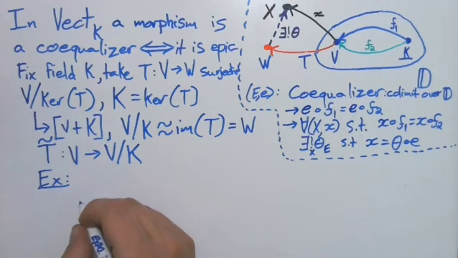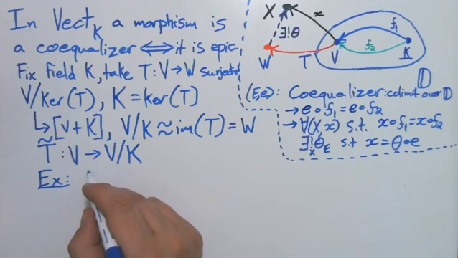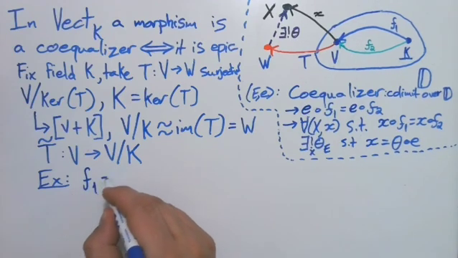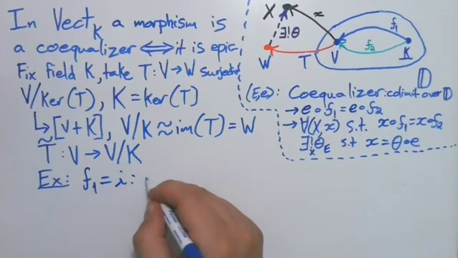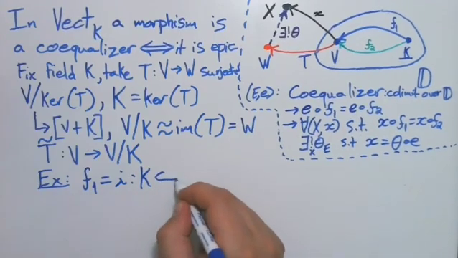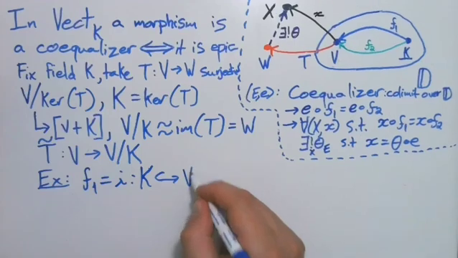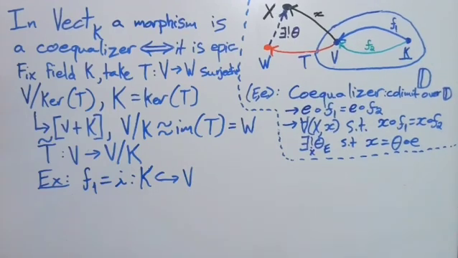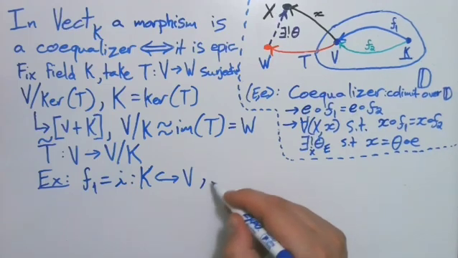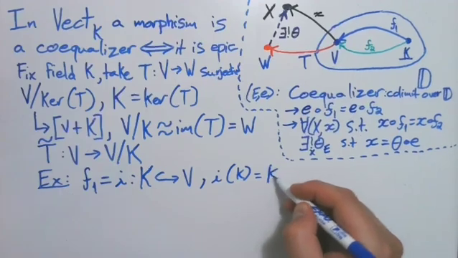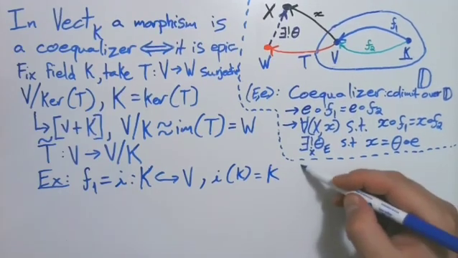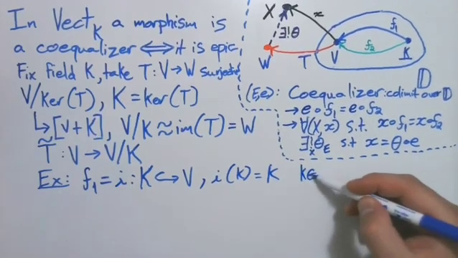So to write that, we have F1 is going to be equal to the inclusion map from K into V, from the kernel into the domain of T, and that's defined by the inclusion of k is just equal to k, and obviously that's a k in K, that's not the K of the field.